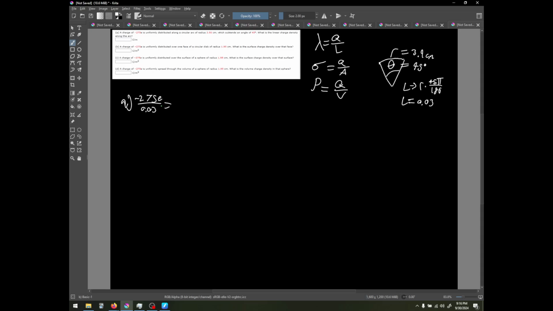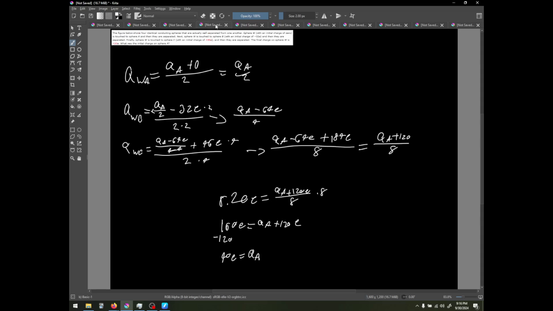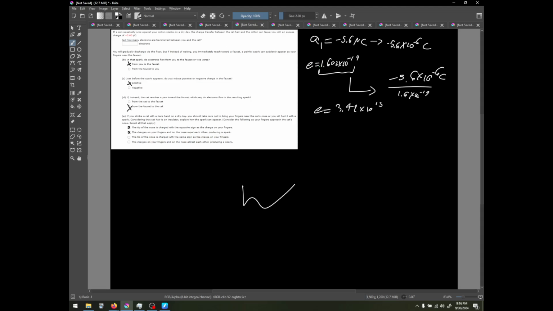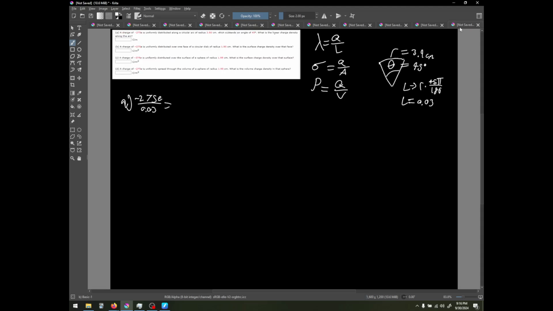I always forget. 10 to the -19th. Okay, it looks like I'm getting -1.44 times 10 to the -15th.